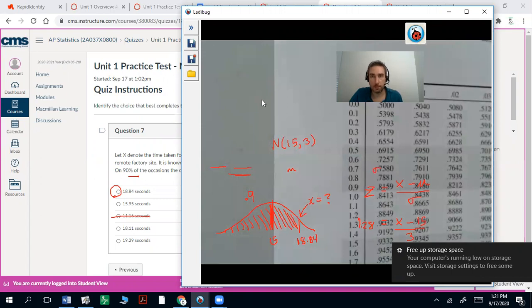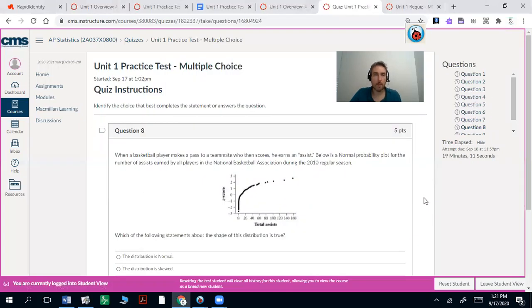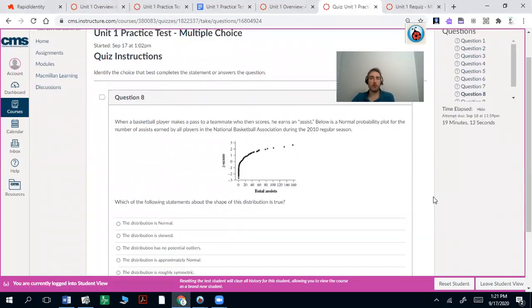Question number 8. When you're looking at a normal probability plot, it would be considered normal if it's more of a straight line. This one is not a straight line. What this ends up looking like is you're going to have a bunch of data points here, and then you have potentially some skewness going on here to the right, okay?